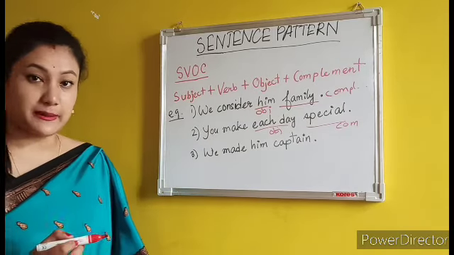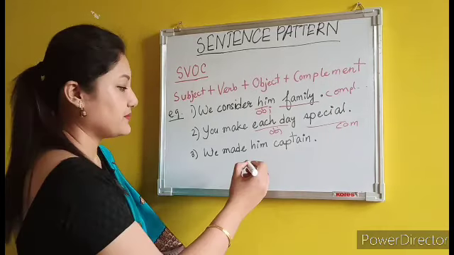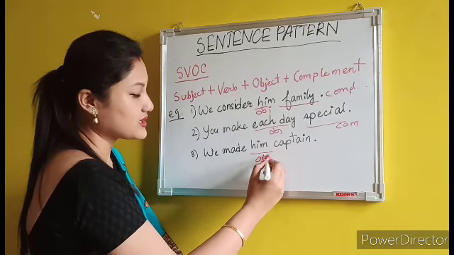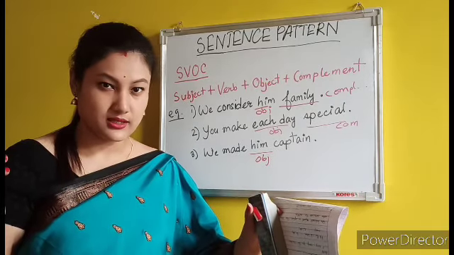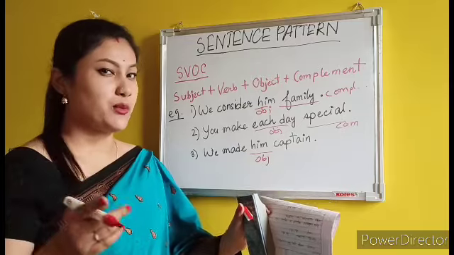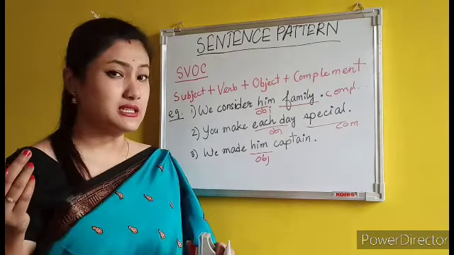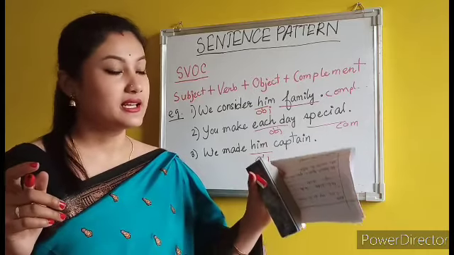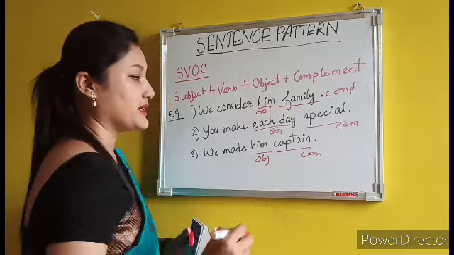We made him captain. We made who? Him. So him is the object. We made him what? A doctor? An engineer? A politician? No, a captain. So we made him captain. So captain is the complement.